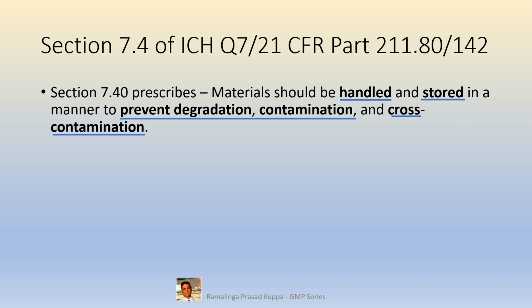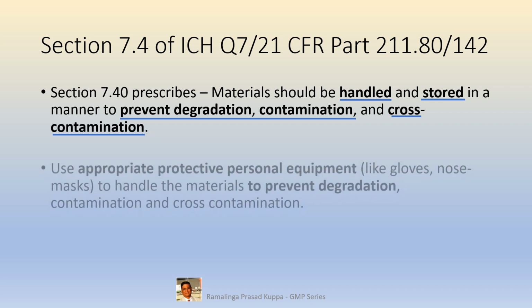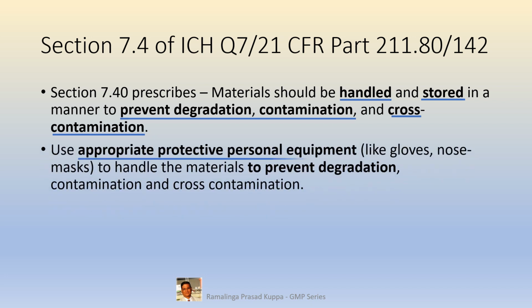Contamination can be avoided by storing each batch of material on a separate pallet away from the other batch materials. Separate storage areas for separate materials will avoid cross contamination. Use appropriate protective personal equipment like gloves and nose masks to handle the materials to prevent degradation, contamination, and cross contamination.